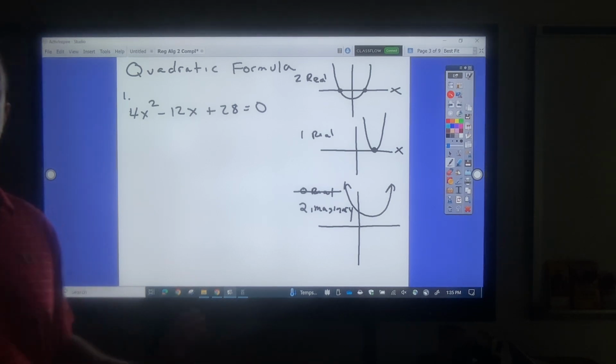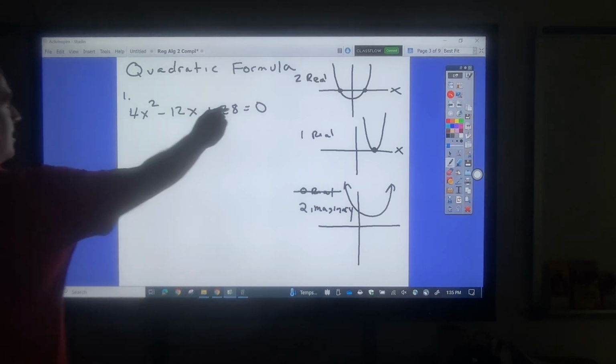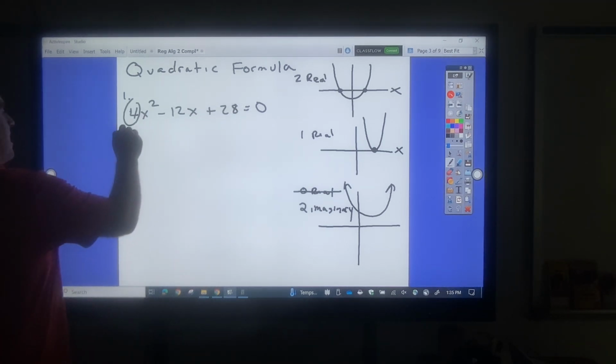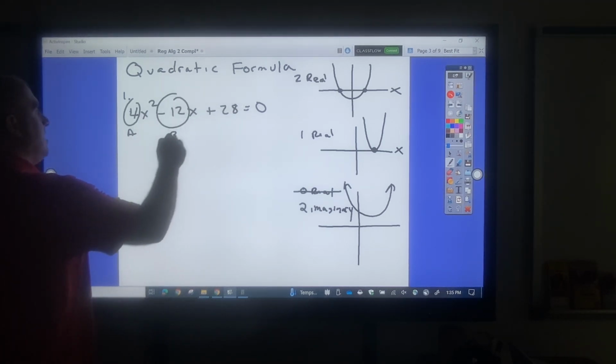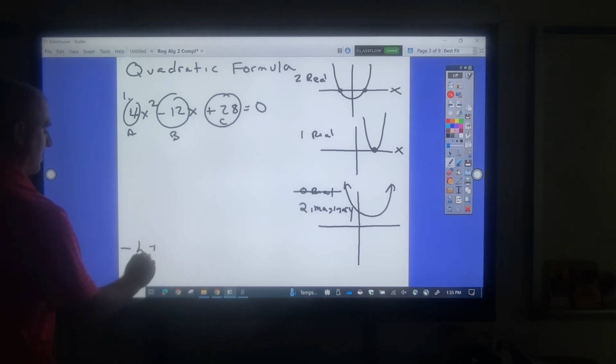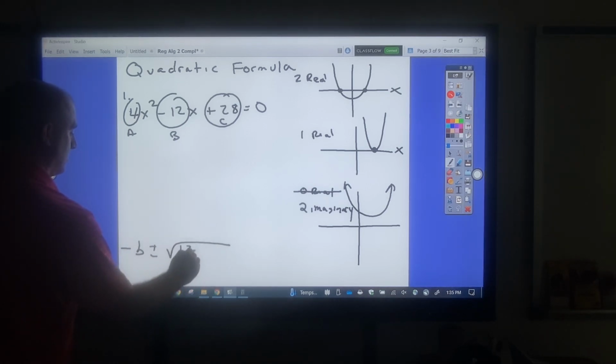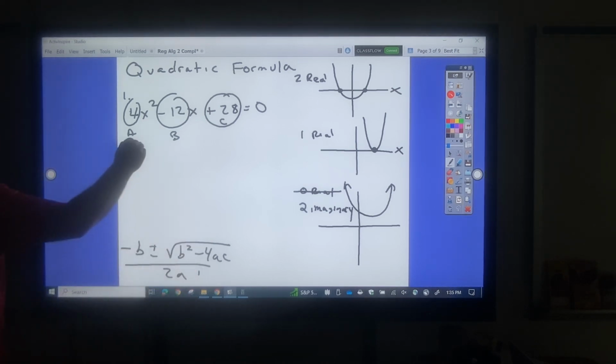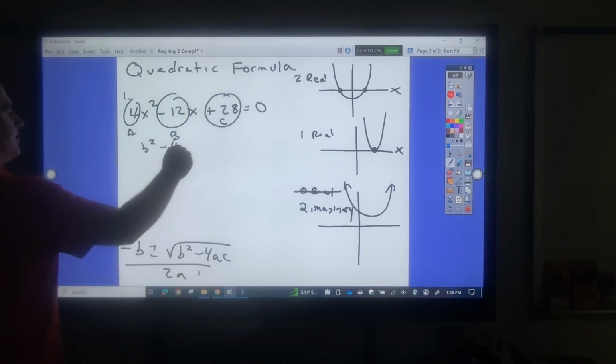Okay, so we're going to do the quadratic formula just like we did in the previous lesson. So that's set equal to 0. That's my A, that's my B, that's my C. As a reminder, here's what the quadratic formula is, all over 2A. So what I want to find is the B squared minus 4AC.